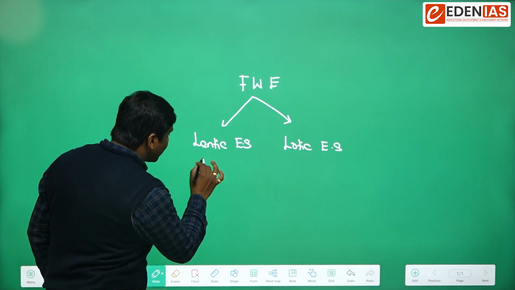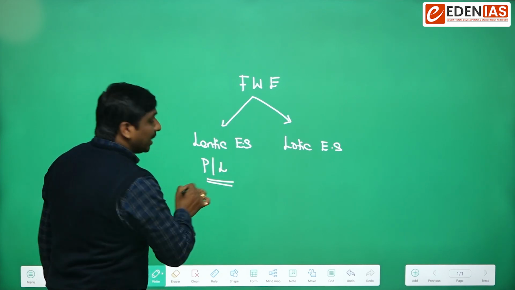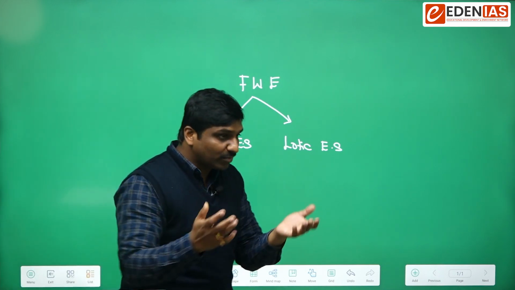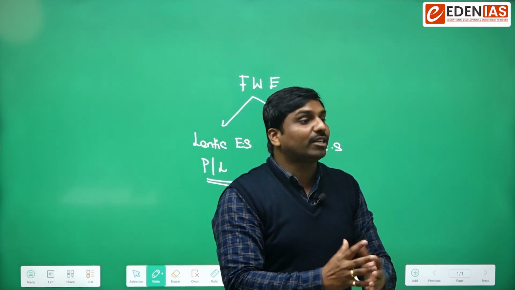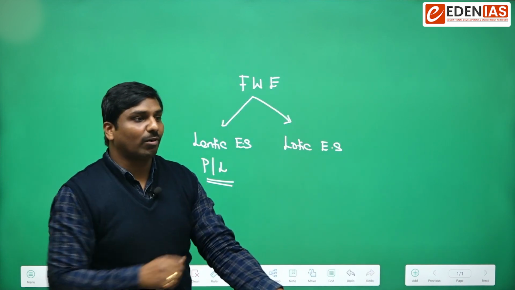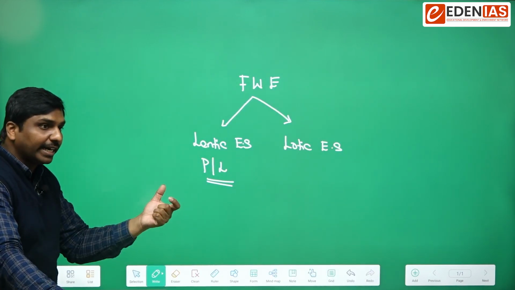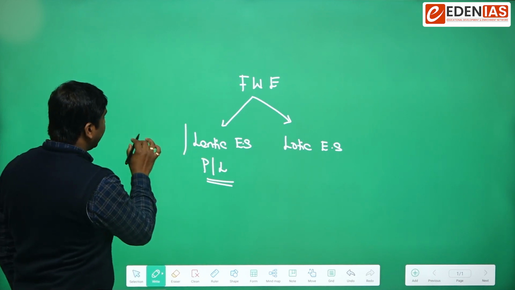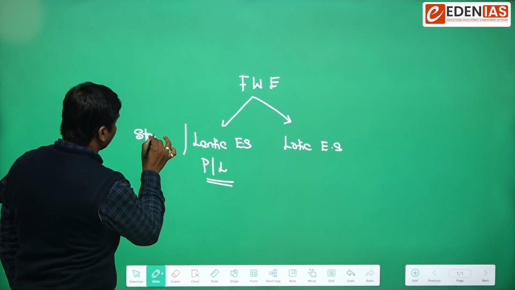Ponds and lakes, because lentic ecosystems are those ecosystems which have stagnant water, standing water. If the water is standing, then it is known as lentic. So you remember lentic, like standing water.